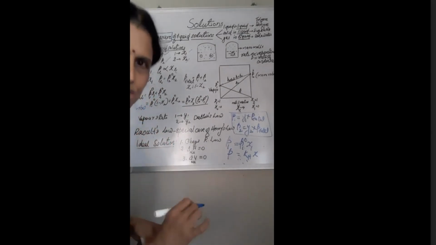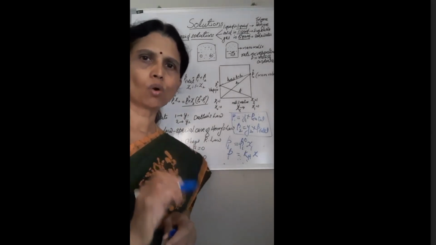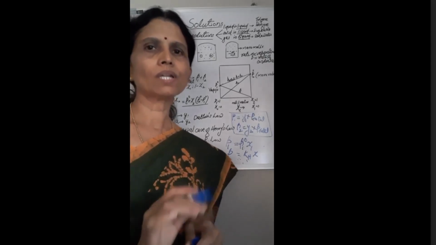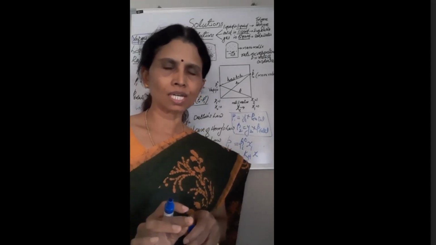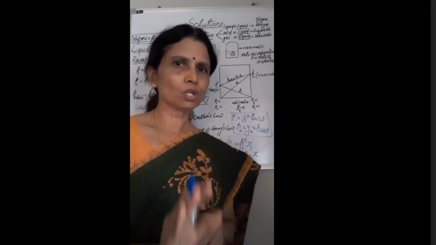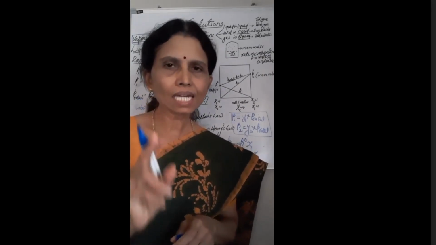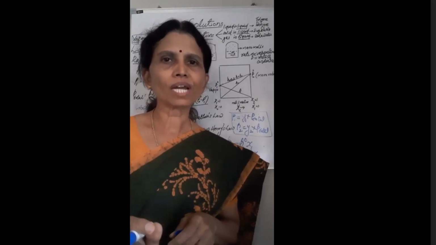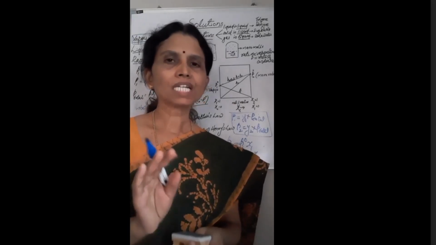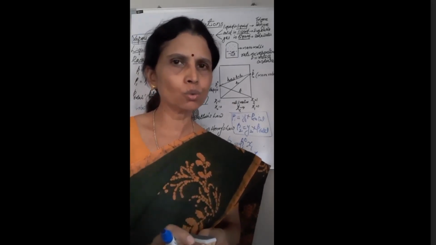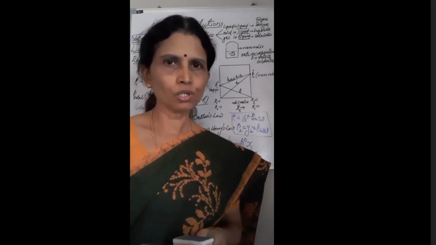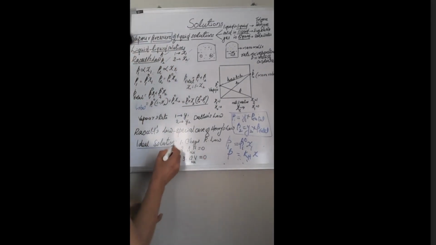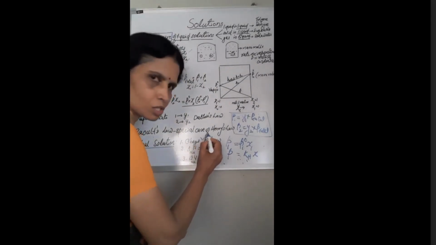So an ideal solution is one which obeys Raoult's law over the entire range of concentration. For such a solution, the partial vapor pressure of component 1 will be directly proportional to its mole fraction in the solution, and partial vapor pressure of component 2 will be directly proportional to its mole fraction in the solution. So we say the ideal solution obeys Raoult's law.